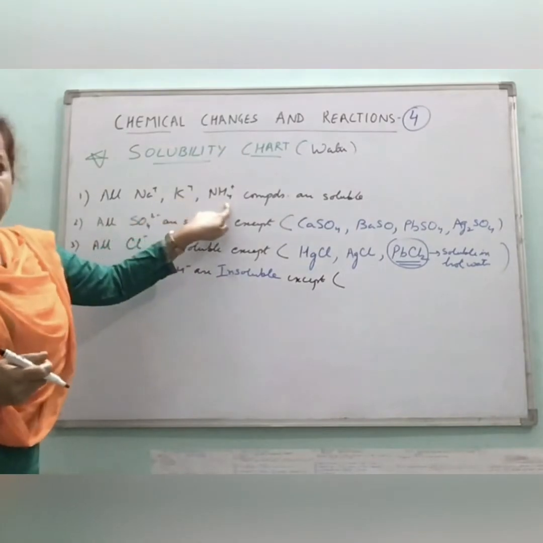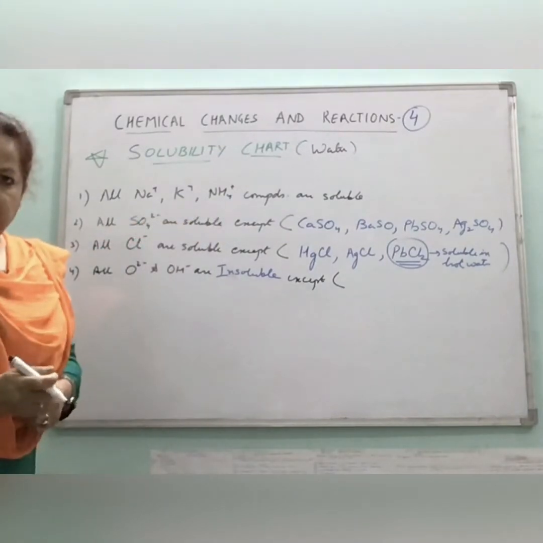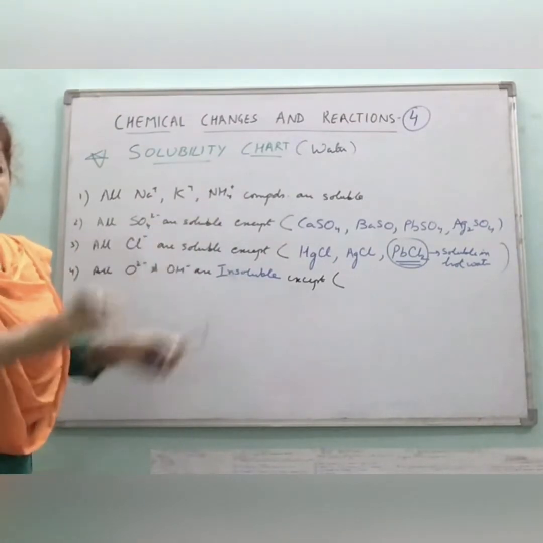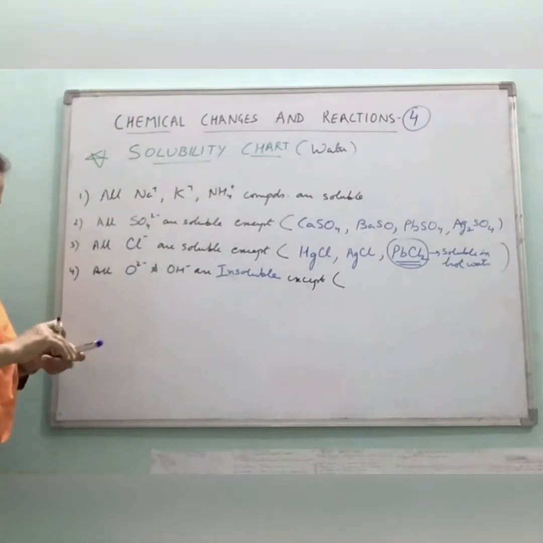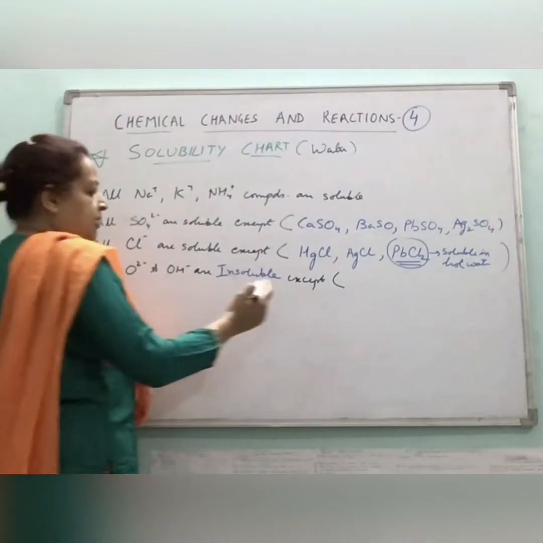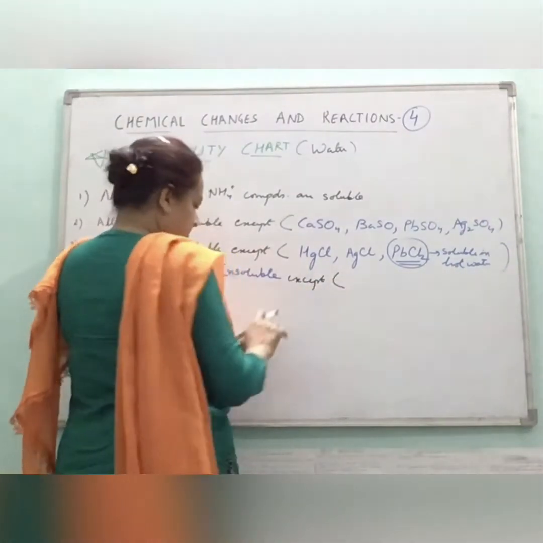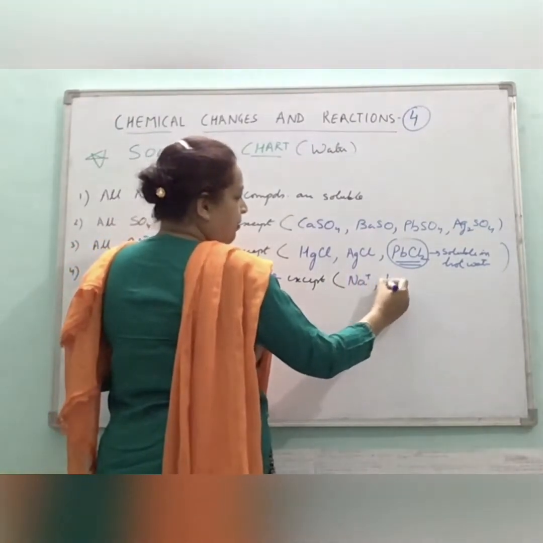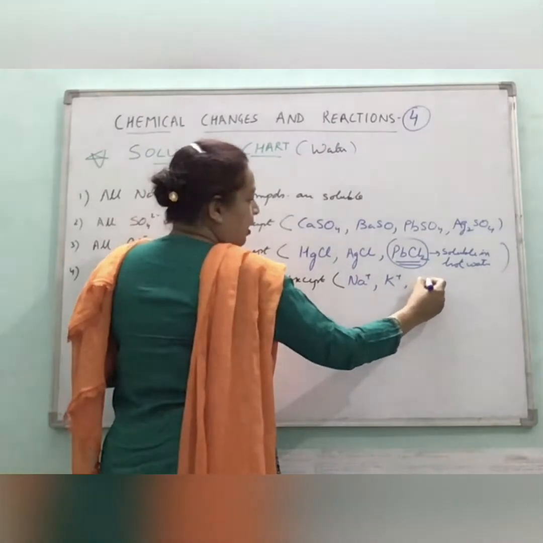Because all those compounds are soluble, their oxides and hydroxides would also be soluble. Although ammonium oxide is never formed, since I'm giving the general form, you will not come across only ammonium oxide. Except which oxides or hydroxides? Except those of sodium, potassium, ammonium.